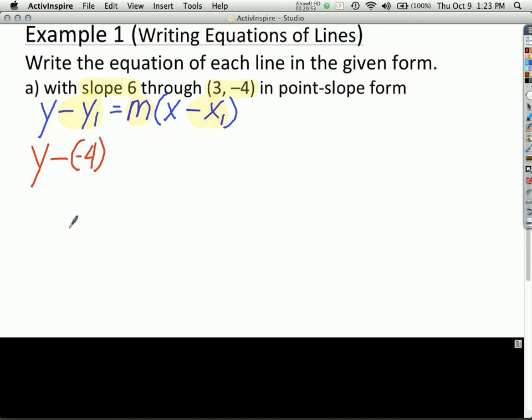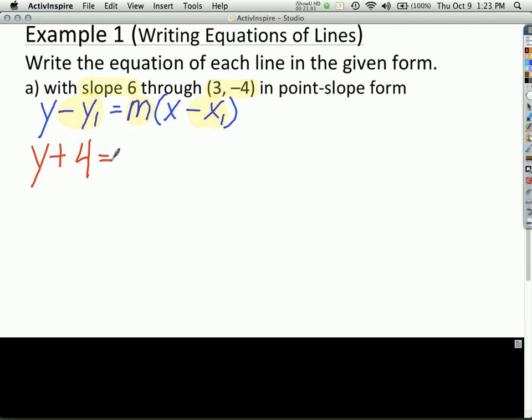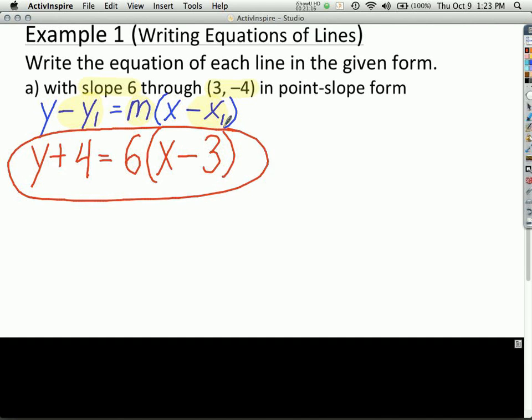Yeah, so we write that as y plus 4 equals the slope of 6 times x minus 3. So that's a positive number, so we'll just put minus 3. And so now we have written an equation of the line represented by that information.